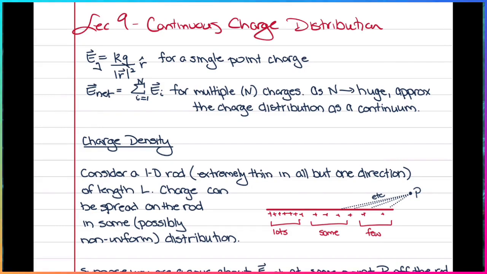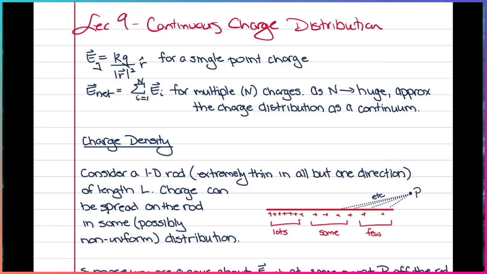The idea here is that we've now been focusing on calculating the electric fields for single point charges. We've done electric fields now of a few point charges, like the dipole, where the net electric field then is just the sum of the electric fields from all the individual components.